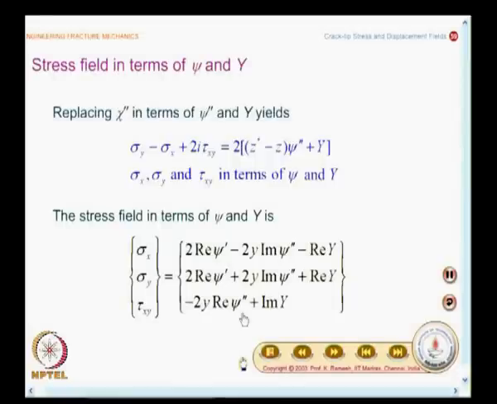You had only this term, minus 2 y real part of xi double prime, available. This is an additional term, imaginary part of Y, is an additional term.